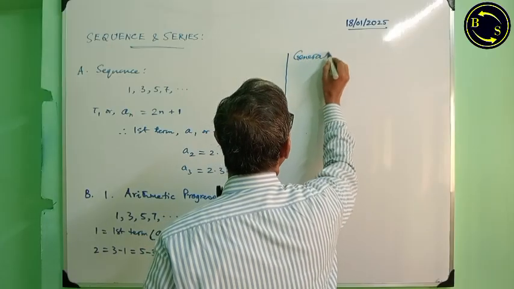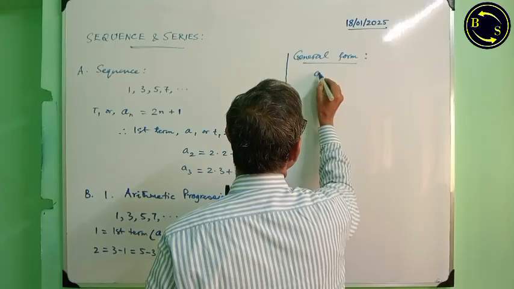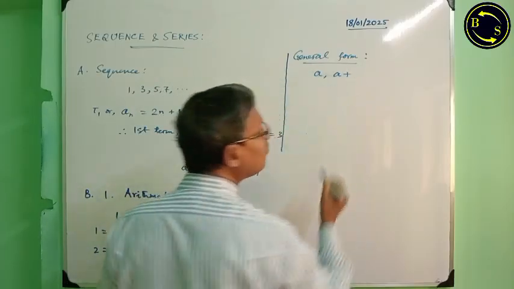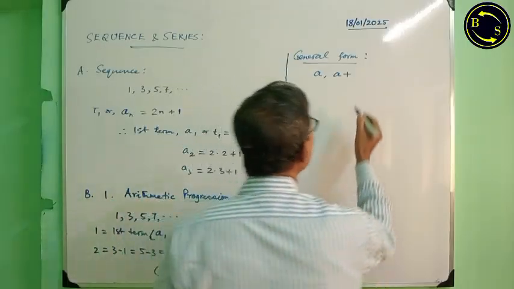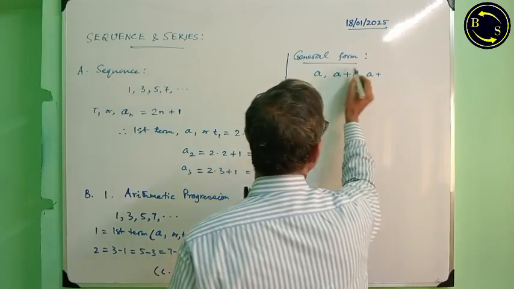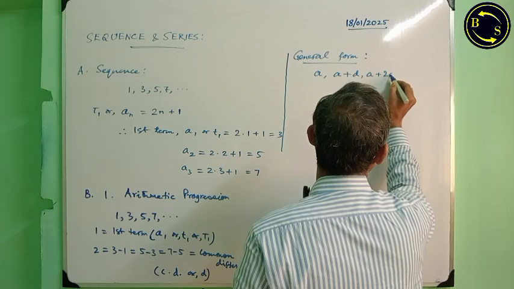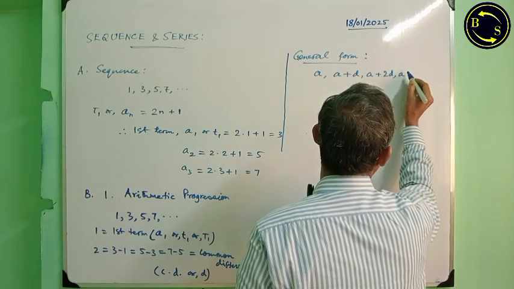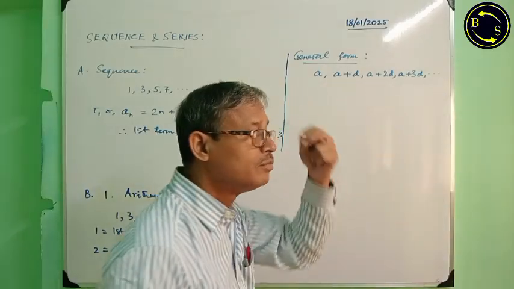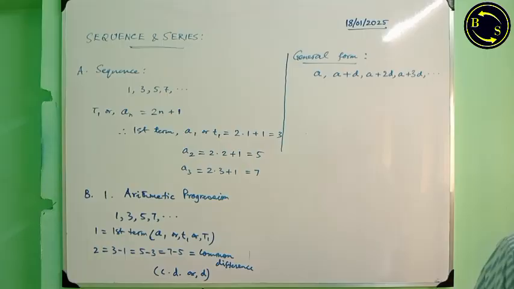The first term is a, then as the common difference is taken as d, the next will be a plus d, then this number is increased by d, therefore the next number will be a plus 2d, next a plus 3d, etc. Now we can determine the nth term.